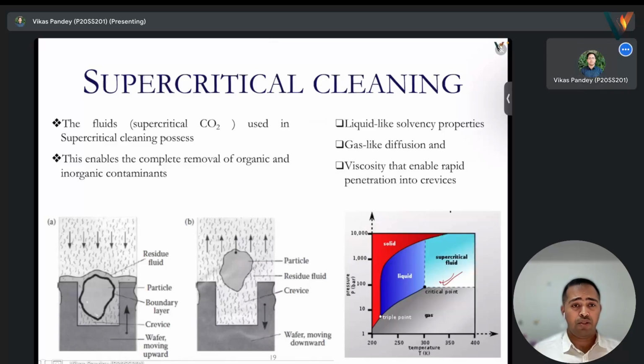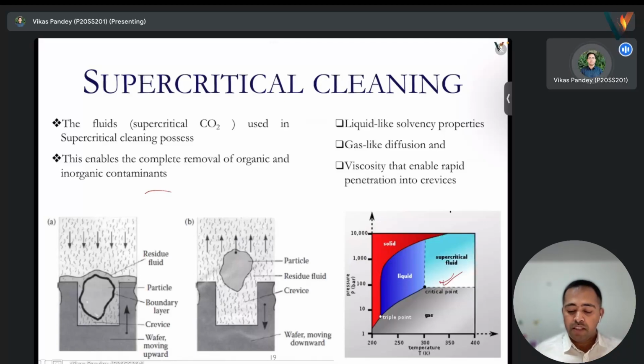That is a supercritical fluid, at around 300 Kelvin. So supercritical CO2 is used for this cleaning process. This enables complete removal of organic as well as inorganic contaminants. But the problem is it will certainly be a costly process.